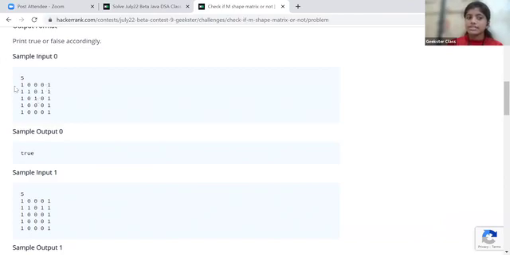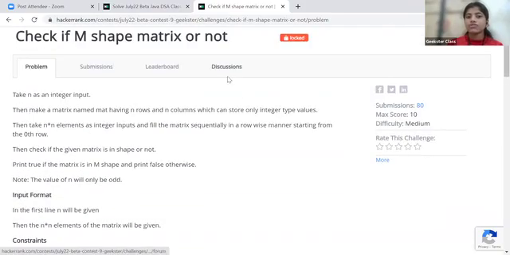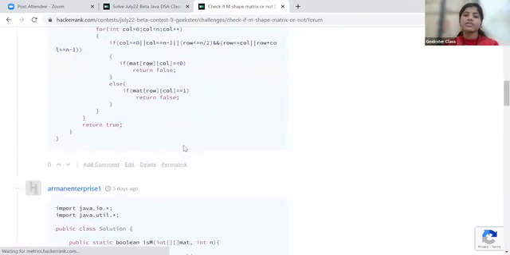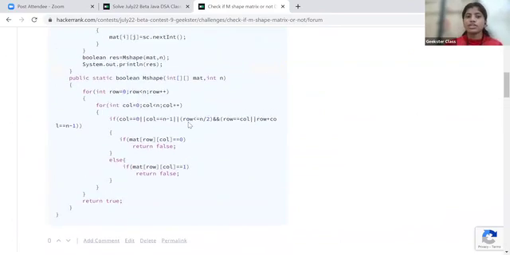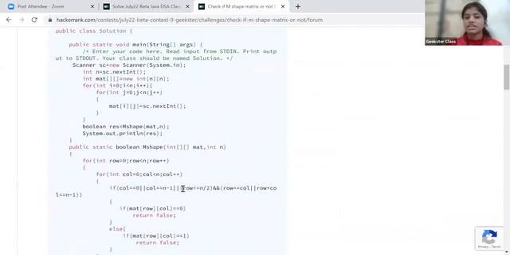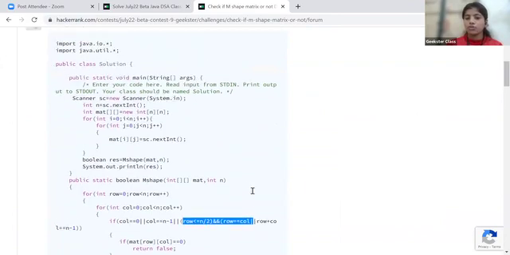These things together will form the M shape. So you just need to keep a check for these. And if anywhere there's a violation, that along the M shape you are able to find a 0, along column equals 0 or column equals n minus 1, and these are the relations that exist between row and column value.